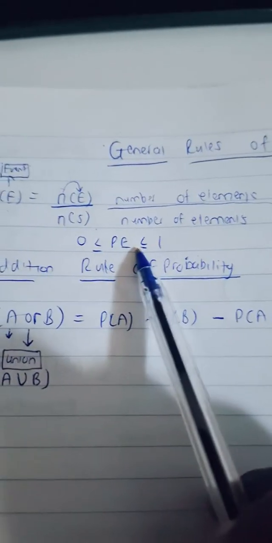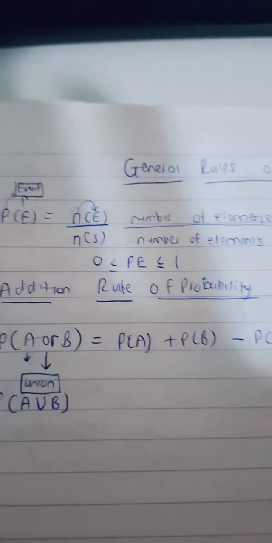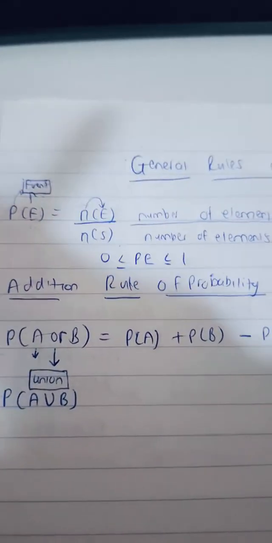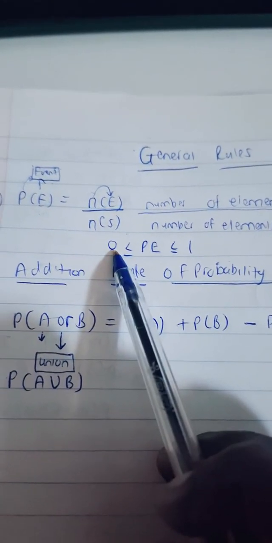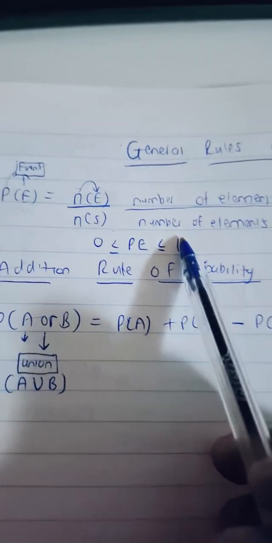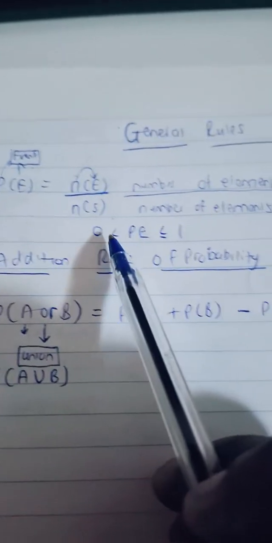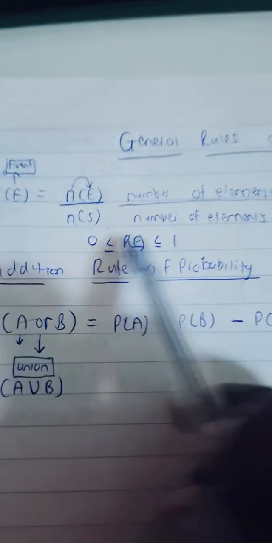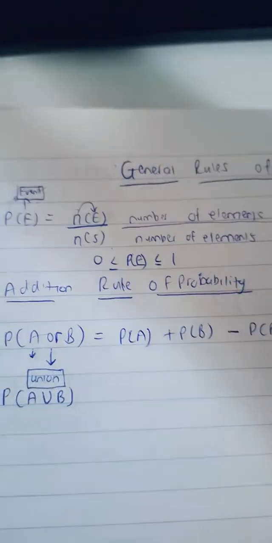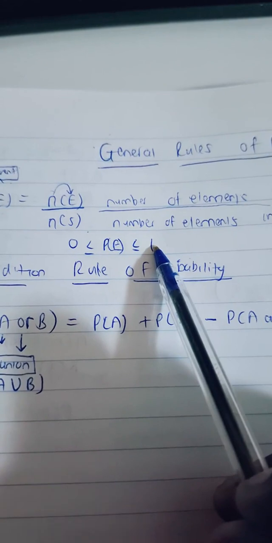If it's midway between 0 and 1, there are even chances of that happening. The closer the value is to 0, the less likely it is to happen, and the closer to 1, the more likely. So probability of any event will always be between 0 and 1. You'll never get something greater than 1 when you are referring to probability.